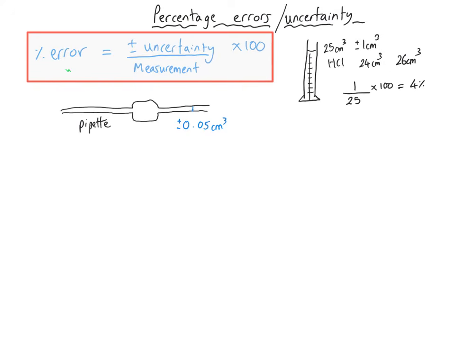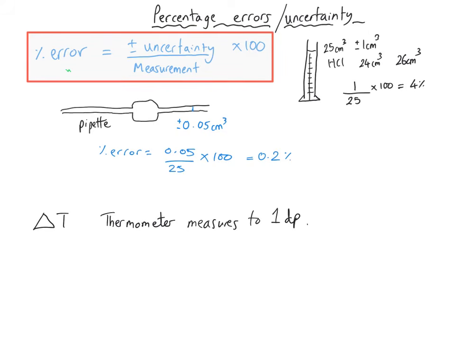And so, assuming that we've used the same measurement, our percentage error is found by taking this uncertainty, 0.05 cubic centimetres, divided by 25 multiplied by 100, which on this occasion is going to give us 0.2% error. So significantly better than using a measuring cylinder.